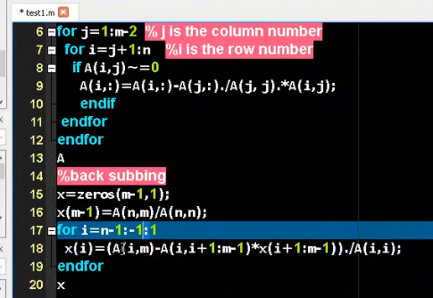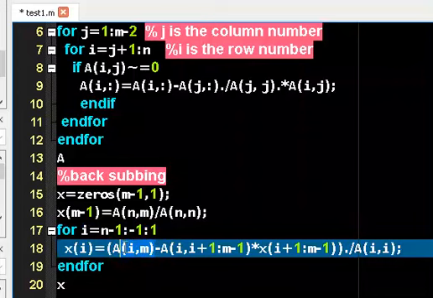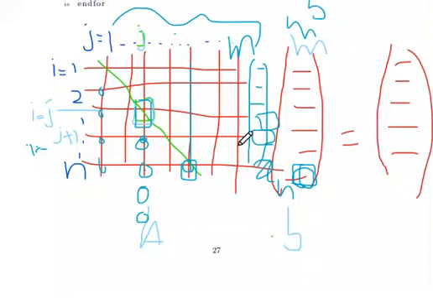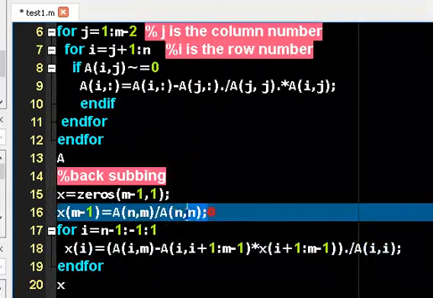In the m-th row, in the m-th column, you have the new right hand side. So right hand side minus the previous ones. If you look at this, you found x m, which is the right hand side divided by the coefficient of this matrix, which is a.